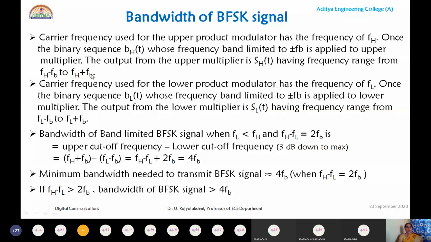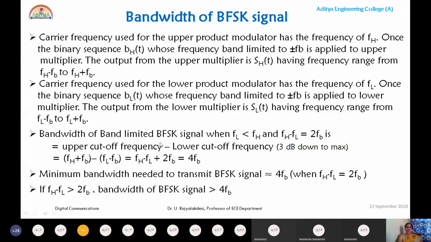So the difference between the upper cutoff and lower cutoff gives you the bandwidth of the whole BFSK signal. That's why we took FH plus FB minus FL minus FB. What is the assumption here? The assumption is FL is less than FH, and the second assumption is FH minus FL is equal to 2FB. This is our minimum criteria.